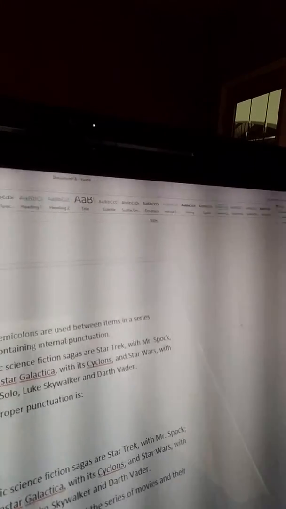The third use is semicolons are used between items in a series containing internal punctuation. And an example of that is, classic science fiction sagas are Star Trek, with Mr. Spock, Battlestar Galactica, with its Cylons, and Star Wars, with Han Solo, Luke Skywalker, and Darth Vader.